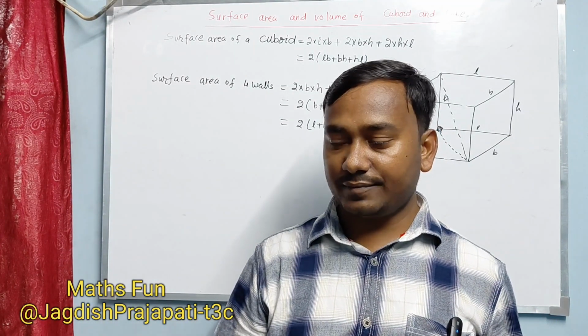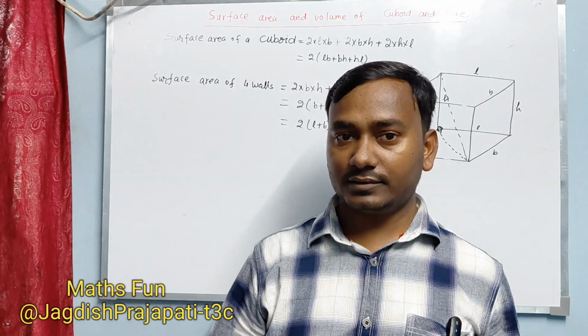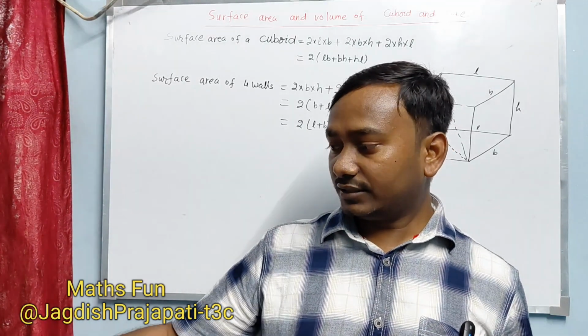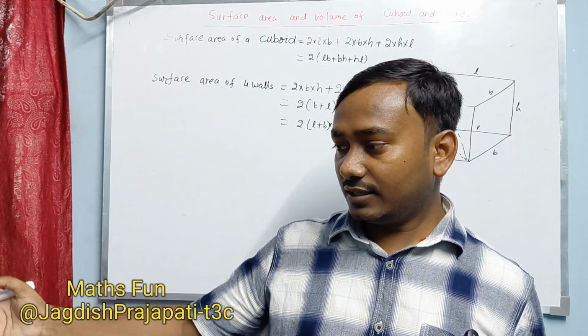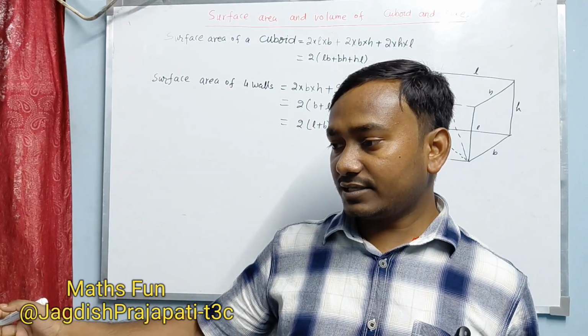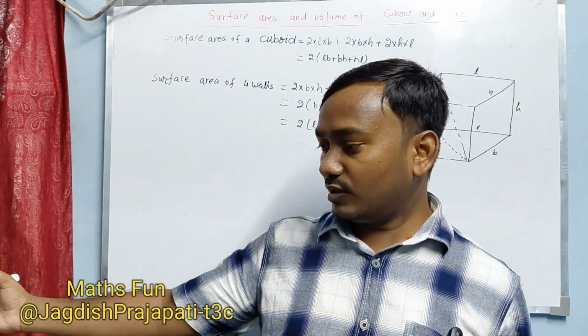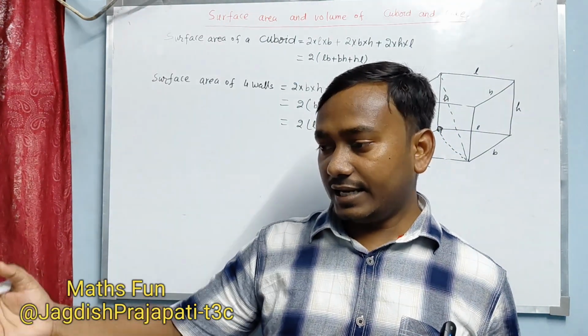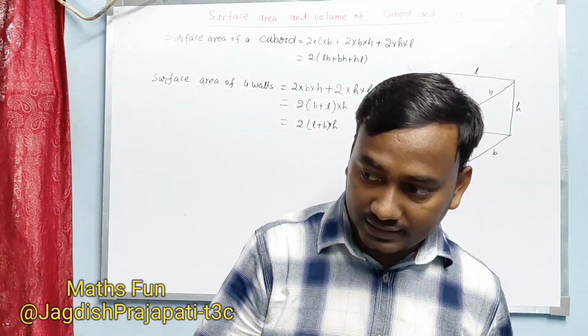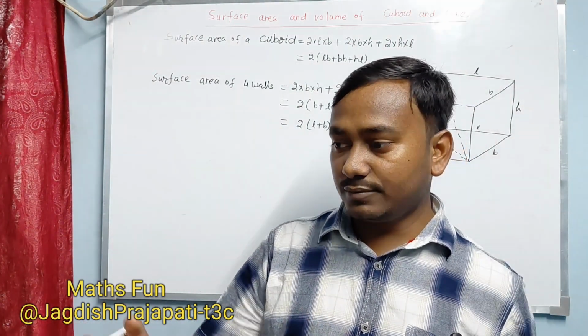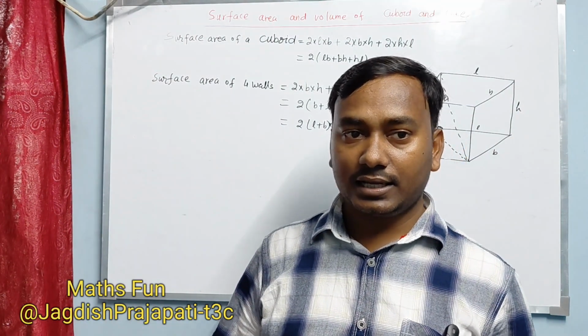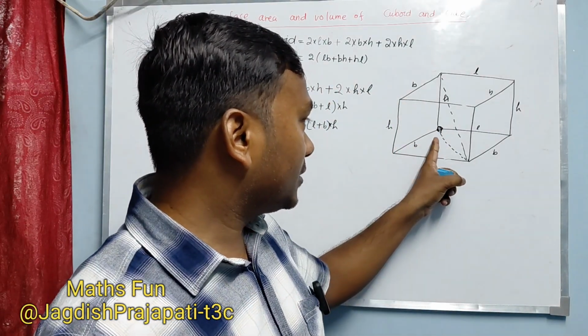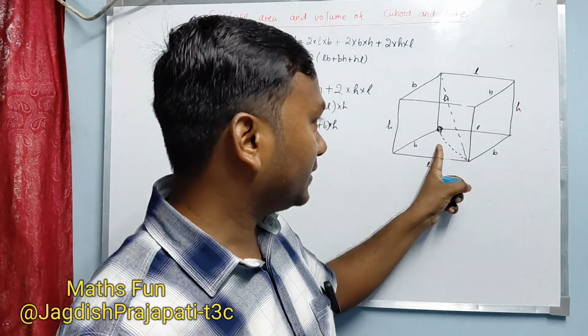So it has dimension length into breadth. Okay, and now you see that this is a rectangular shape, so one angle will be 90-degree, and if you join the diagonal, it will form a right angle triangle, and therefore that diagonal will be this length.